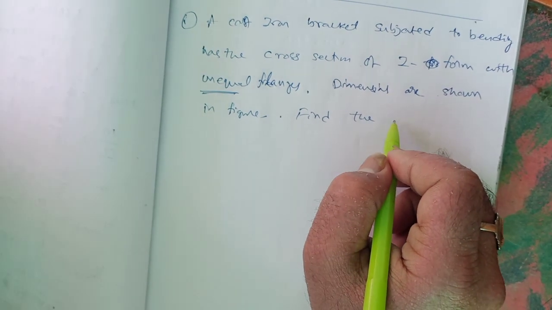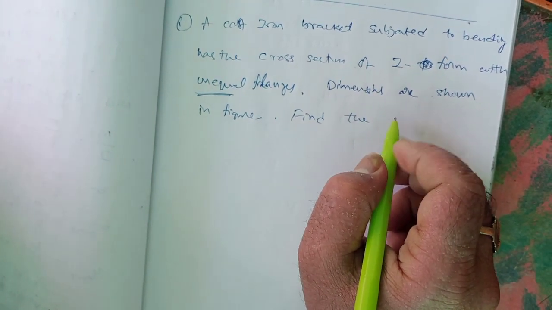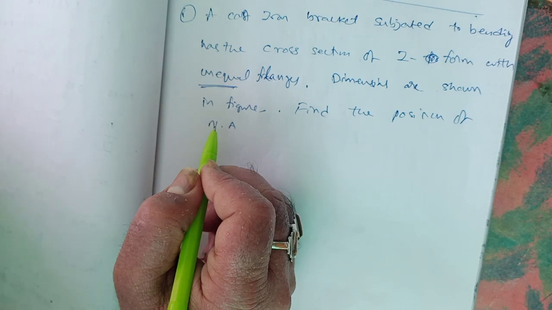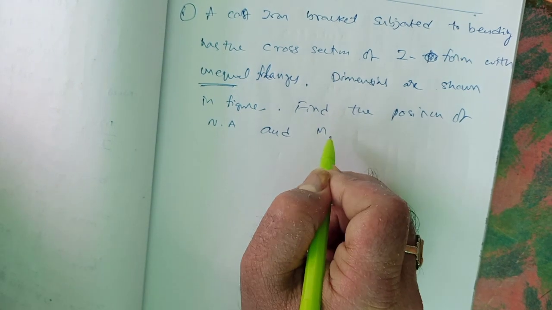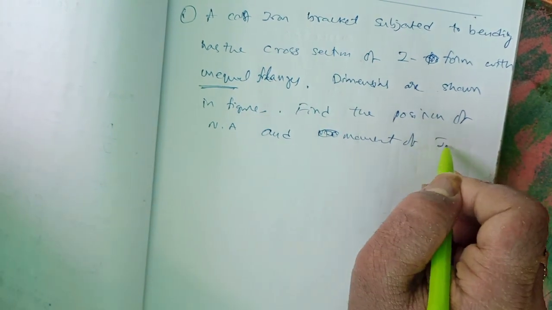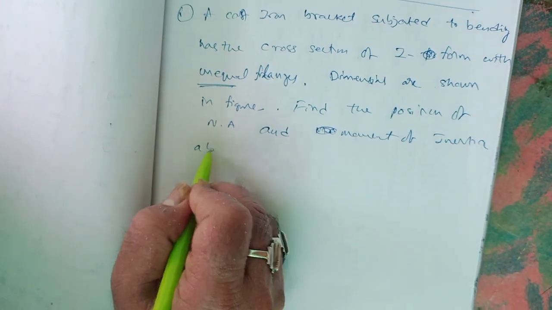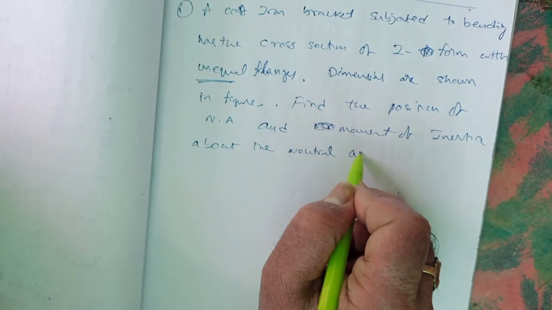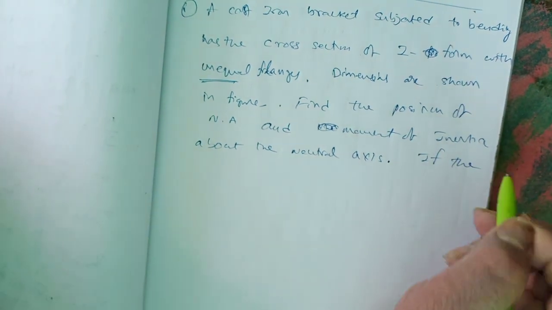So find the position of the neutral axis, and then the moment of inertia about the neutral axis.